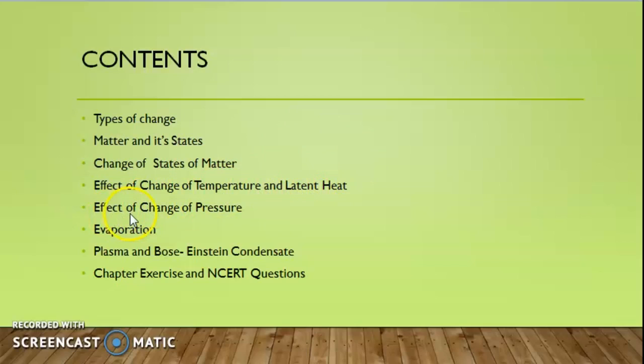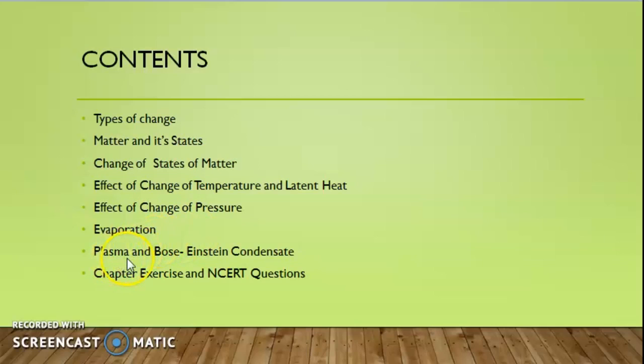The fifth topic is effect of change of pressure, how pressure affects change in state of matter, that we will discuss in this chapter. Sixth topic is evaporation, how evaporation takes place, what is evaporation and what are the factors affecting the rate of evaporation, that we will discuss in this chapter.